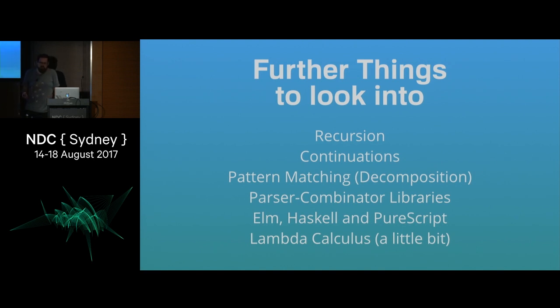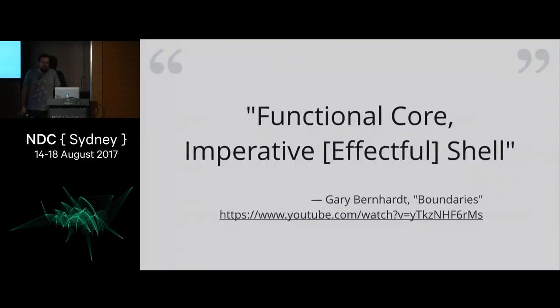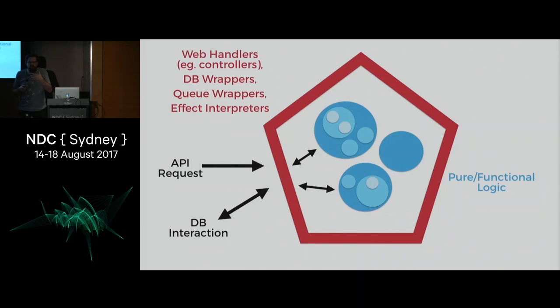And lastly, functional core, imperative or effectful shell, is the idea that Gary Bernhardt presented in his talk Boundaries. It's saying that when we're writing functional programs in things like Ruby, in this talk's case, equally applying to JavaScript, Python, PHP, or C#, there are trade-offs between making things pure and making things effectful.